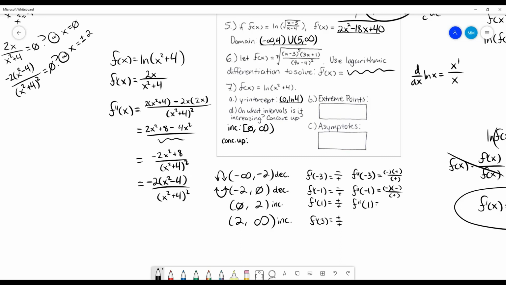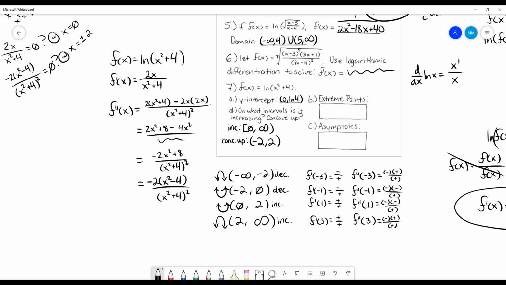Plugging in a +1, same deal happens. It is concave up. And then plug in a +3, and I've got negative on the outside, positive on the inside, positive on the bottom, and it is concave down because that turns into a negative overall. So it's concave up right here, non-inclusive from -2 to 2.